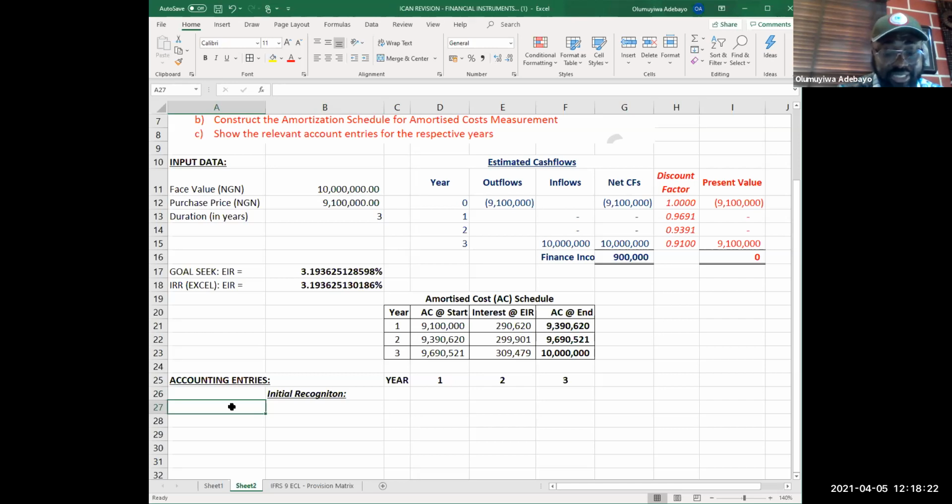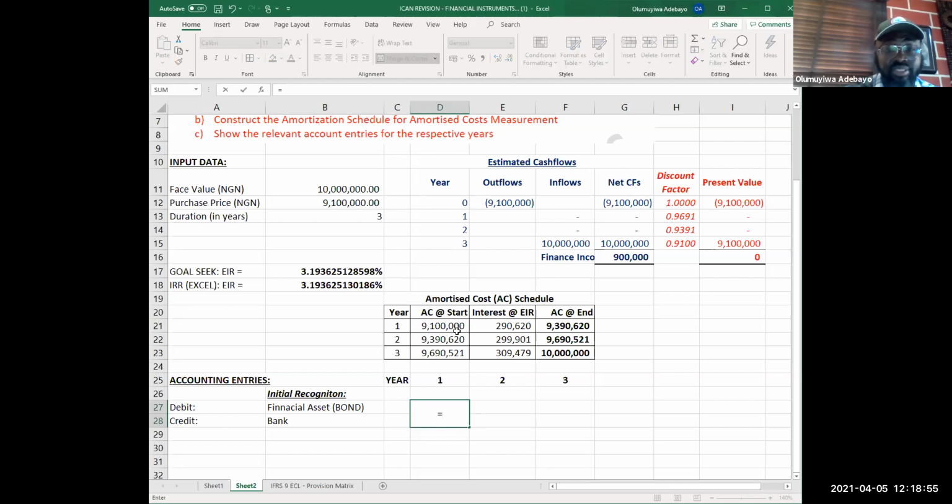I recognize the financial asset by way of debit, and I recognize the credit by way of my mode of payment. My financial asset, which is my bond, and the mode of payment, which is bank, with the 9.1 million.